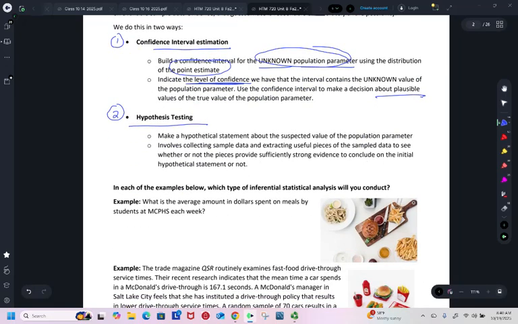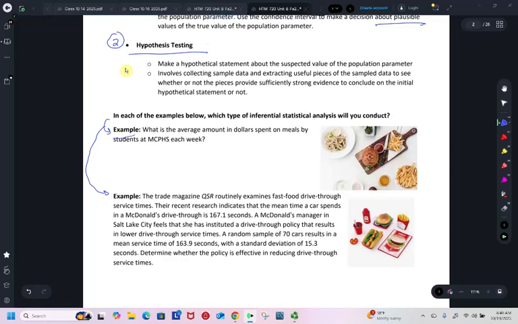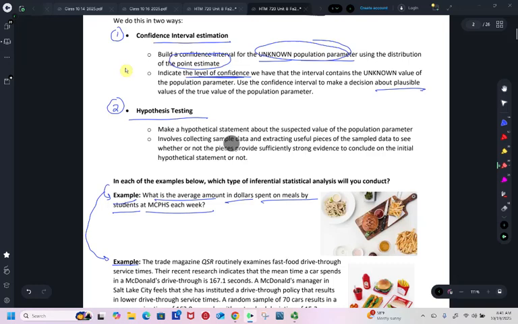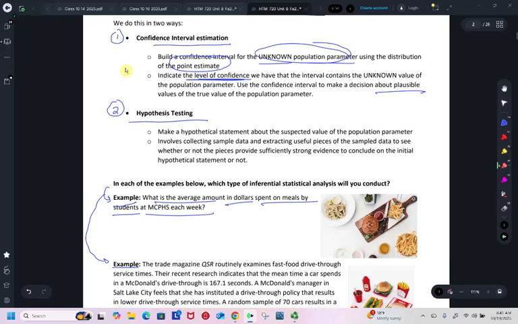So, as a quick reminder of what we've done, here are two scenarios. The first example says the research question is, what is the average amount in dollars spent on meals by students at MCPHS each week? In analyzing which method to use, confidence interval estimation or hypothesis testing, we realize that we're trying to find an unknown amount.